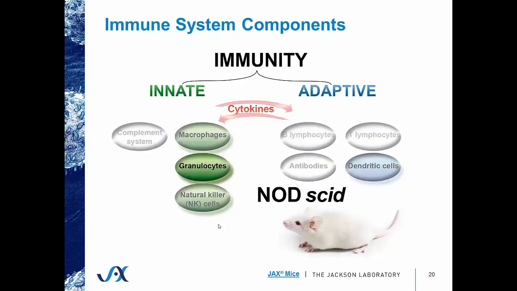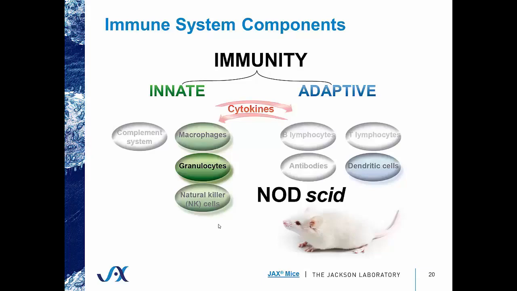The first immunodeficient mouse model we're going to talk about are NOD-SCIDs. Now, NOD-SCID stands for non-obese diabetic severe combined immunodeficiency mice, in which the NOD background contributes to a range of innate immune cell deficiencies, including no complement, reduced macrophages, natural killer cells, and dendritic cells.